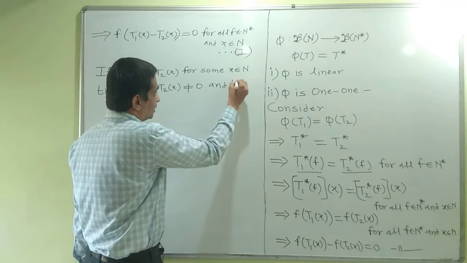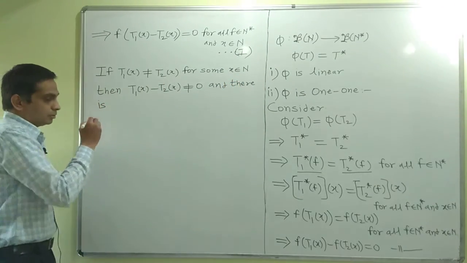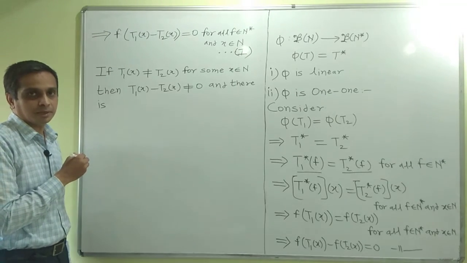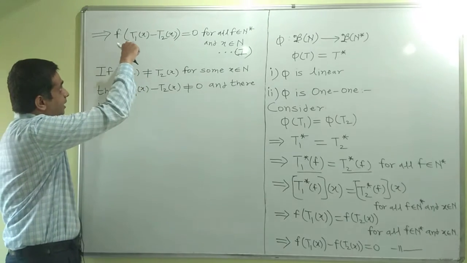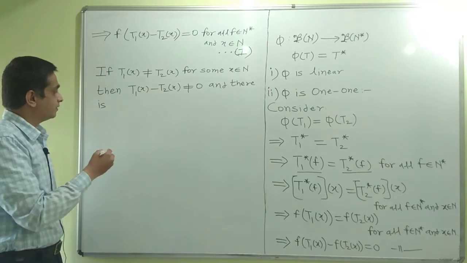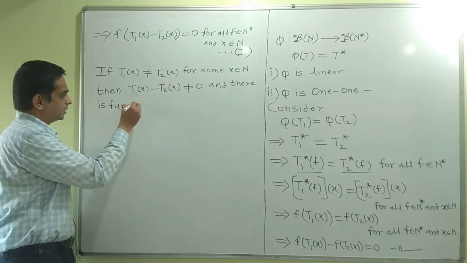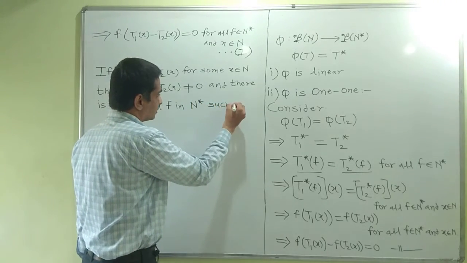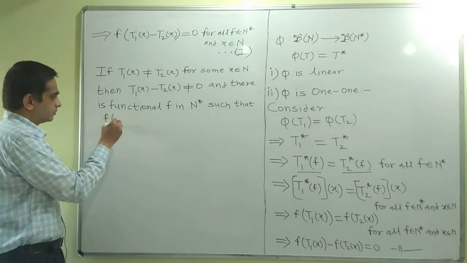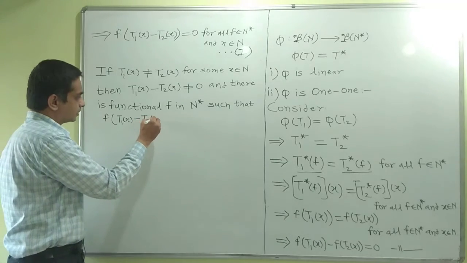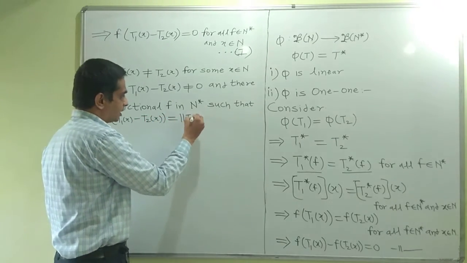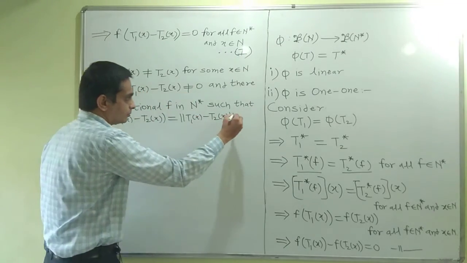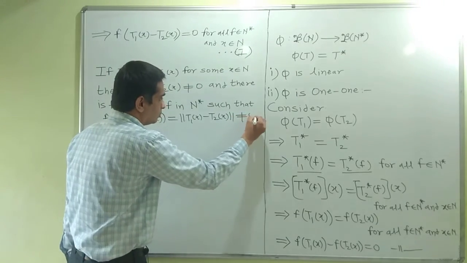Here we use a result that we have proved as one of the applications of the Hahn-Banach theorem: if a vector is non-zero, then we can find a functional f in N star such that f of T1x minus T2x is equal to the norm of T1x minus T2x, and this is non-zero as the vector is non-zero.